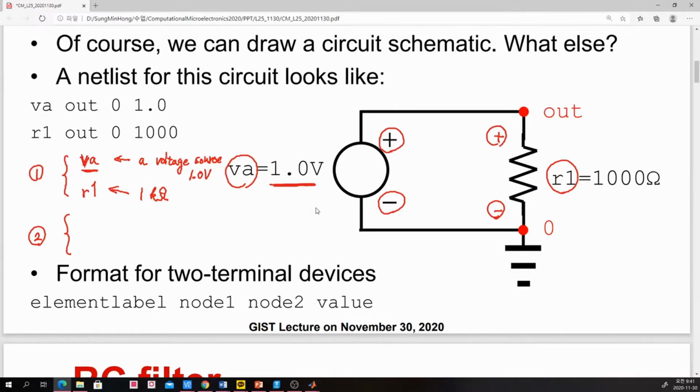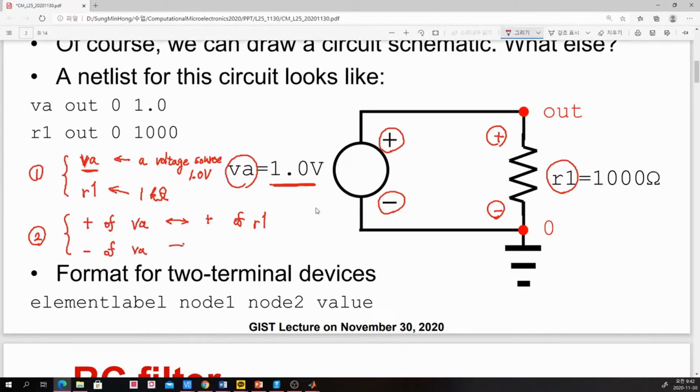Then in this connectivity description, I wanted to say that the positive of VA and the positive of R1 are connected. Also, the negative terminal of VA is connected to the negative terminal of R1. I wanted to describe the system in this way.